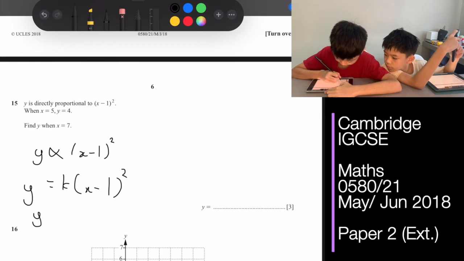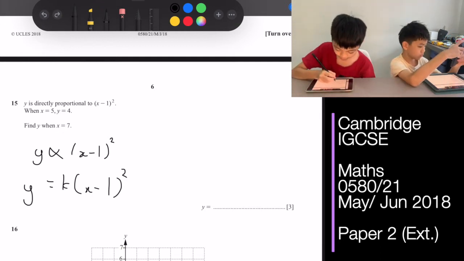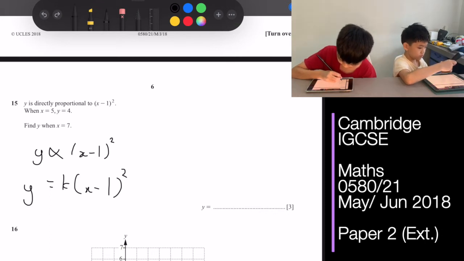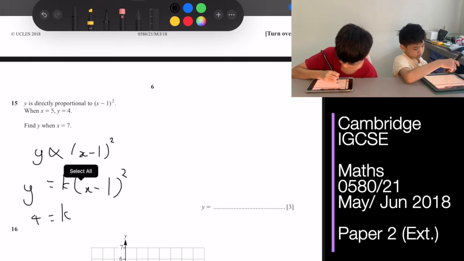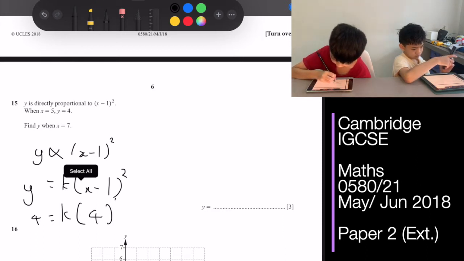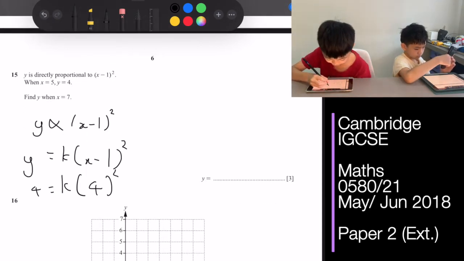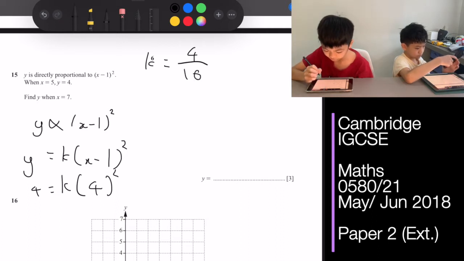Now we need to find the k value. When x is 5, y is 4: 4 equals k(5 minus 1) squared, or 16. So k is 4/16, or 1/4.